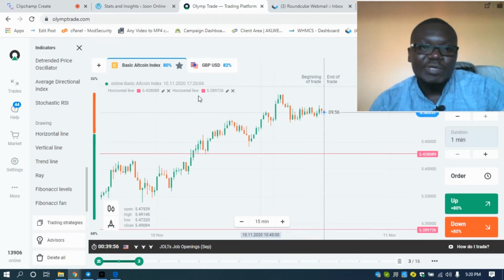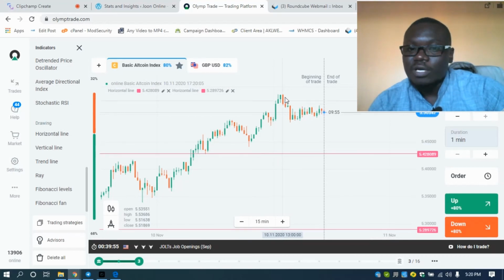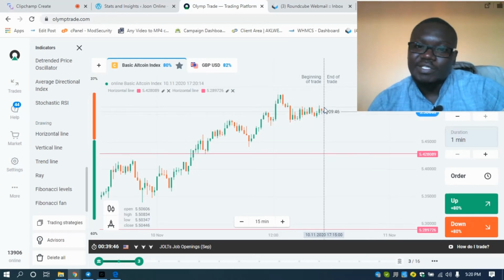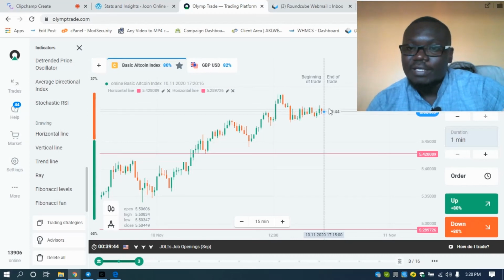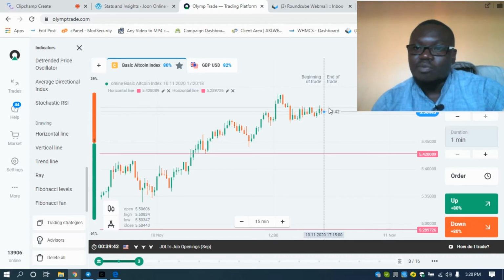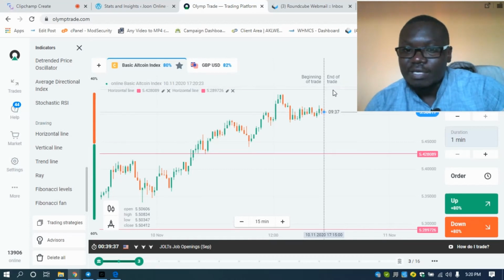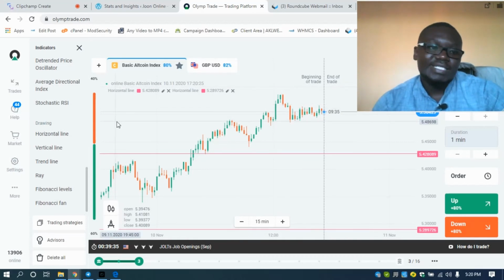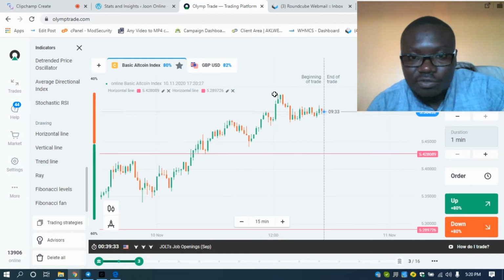Again, we can use horizontal lines to mark the support and resistance levels on this area here, because again prices will range within the distribution stage for some time. Then at some point they will break out either on the support level or on the resistance level. Let's go with the trend lines.